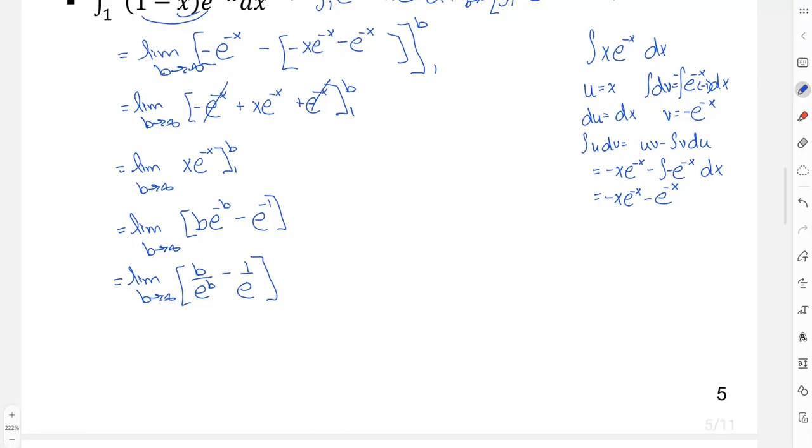So the question is, what's happening to this guy as this goes to infinity? So let's pull that off to the side. We're going to take the limit as b goes to infinity of b over e to the b. So if we were to think about really large numbers, the top and the bottom are both going to infinity. So this is where we would use L'Hopital's.